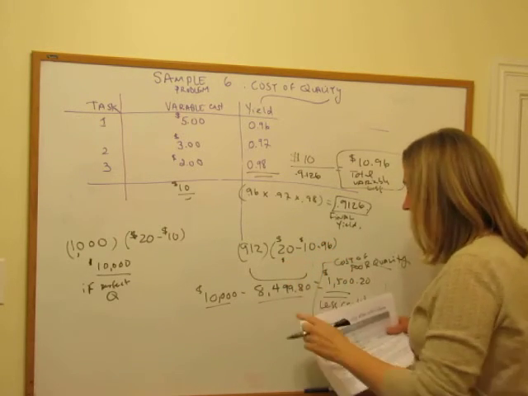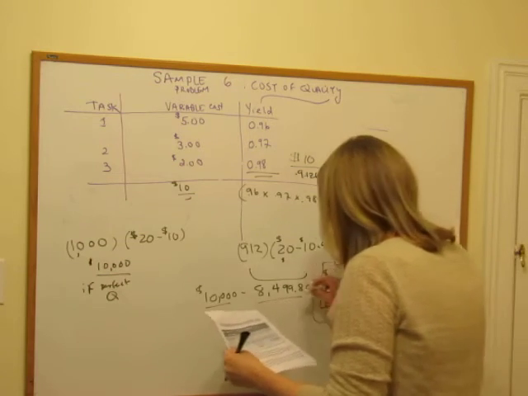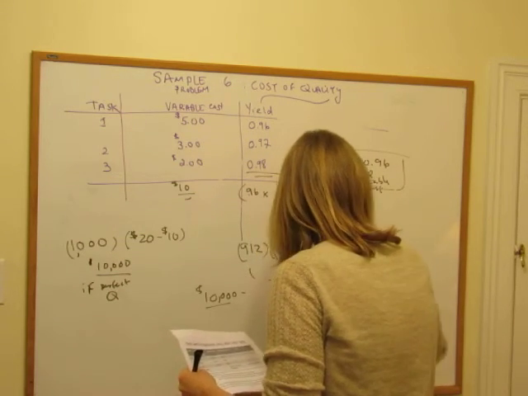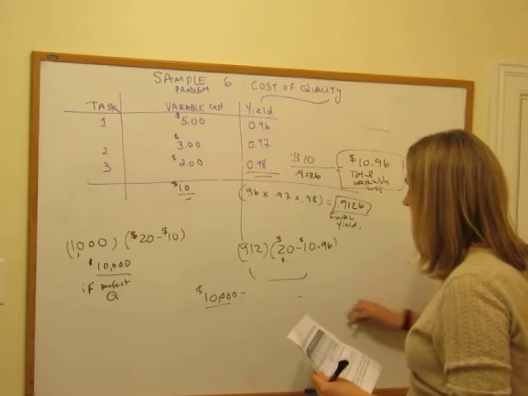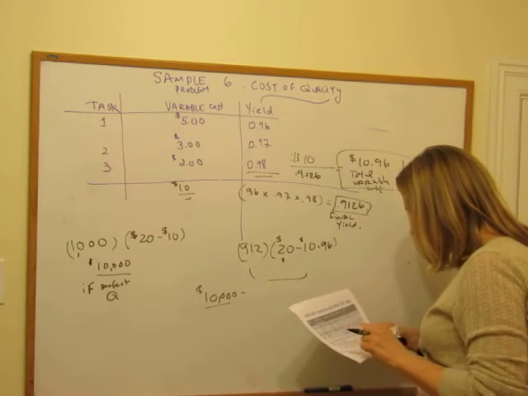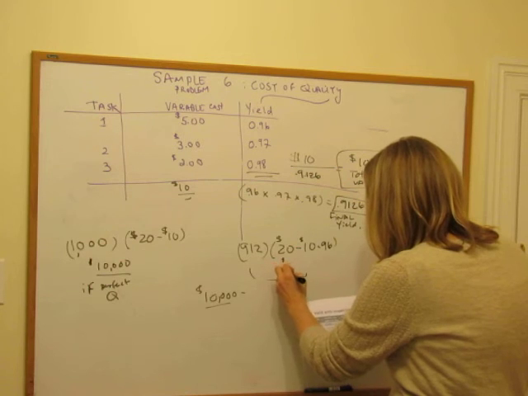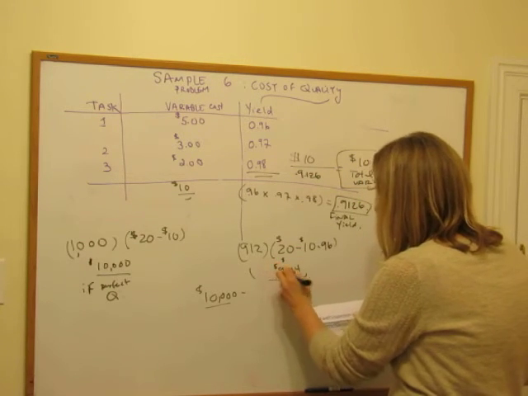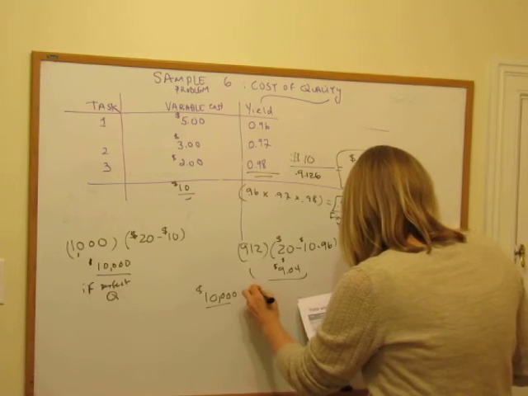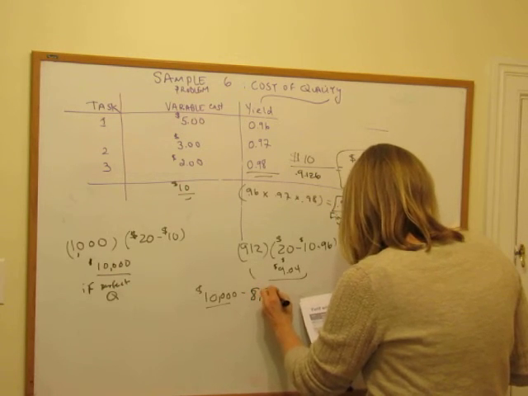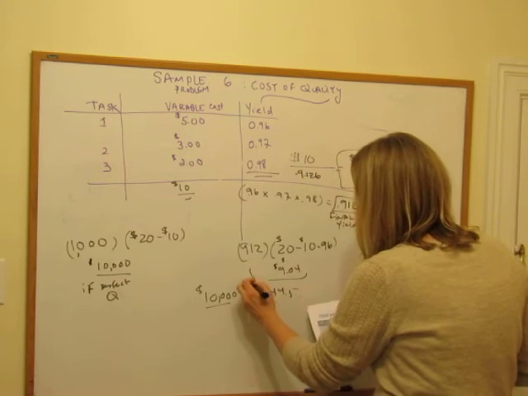So the total money that we make, right? So let's erase these numbers. So then the per unit contribution is $9.04 times 912, and that turns out to be $8,244.50 that we make.